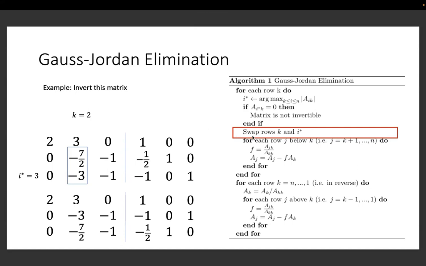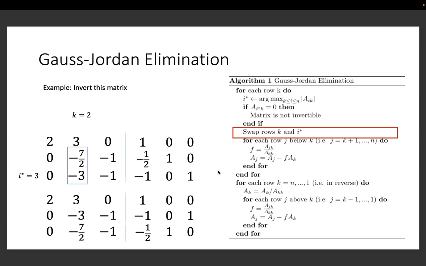And then in the next line we need to swap rows k and I star because they are different, so we just need to swap the second and third row here in this line.